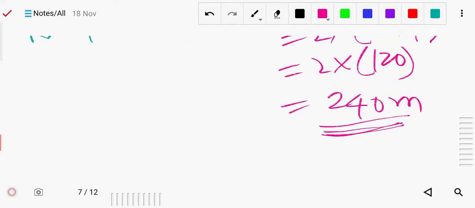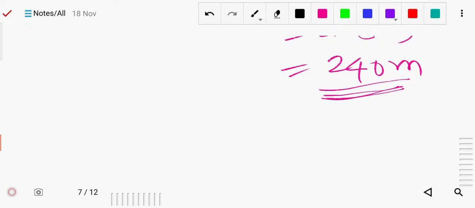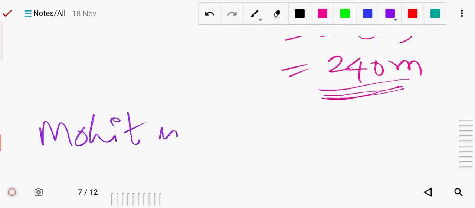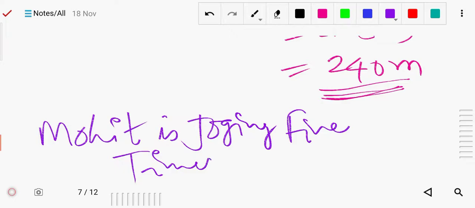240 meter means in one round he will cover 240 meters. But how many rounds does he take every day? Mohit is jogging 5 times around the park.